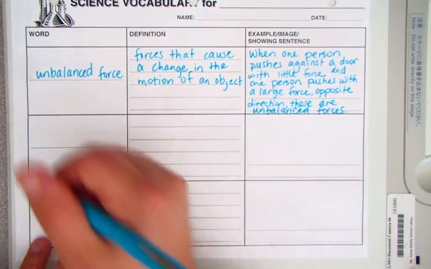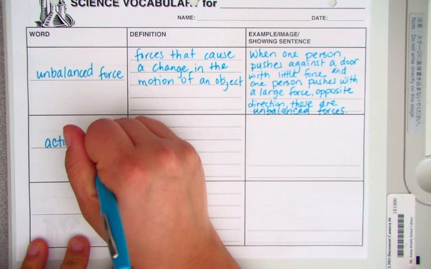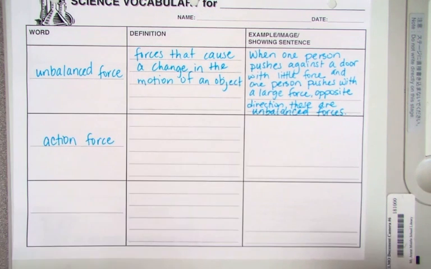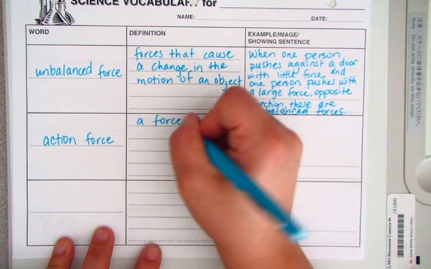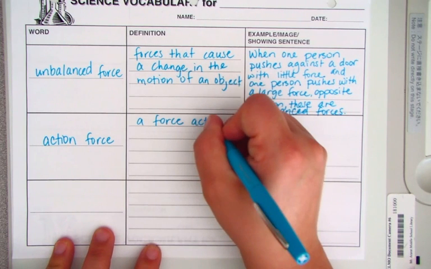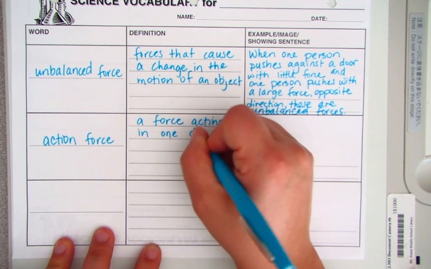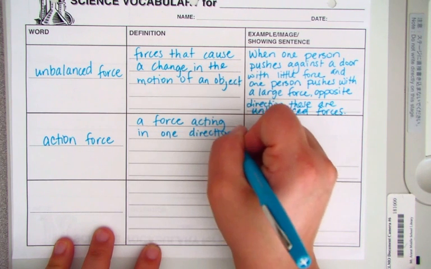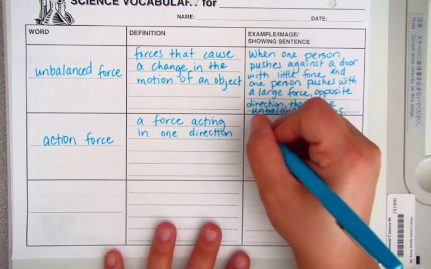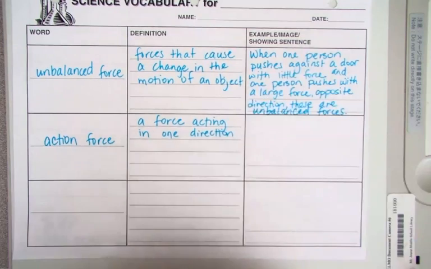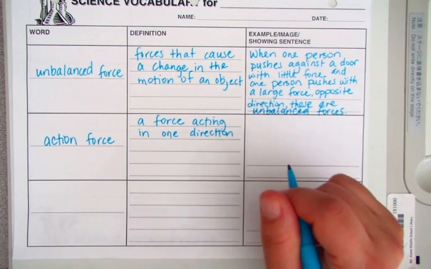The next one is action force. And the definition for this one is a force acting in one direction. So an action force could be when, say I had a rubber band and I pulled it back, the action would be the pulling of the rubber band backwards.